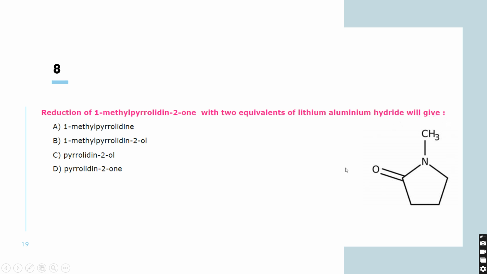This is the substrate that is given, 1-methylpyrrolidin-2-one, and these are the 4 possible products that you can get from the LAH reduction of this substrate. But to know exactly which product is going to form, you have to solve this question step by step.